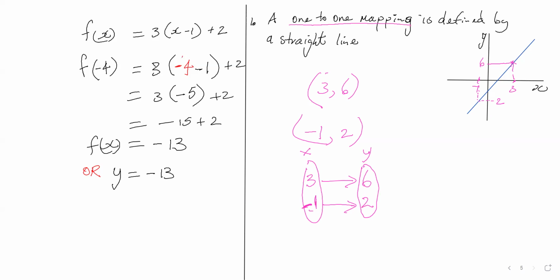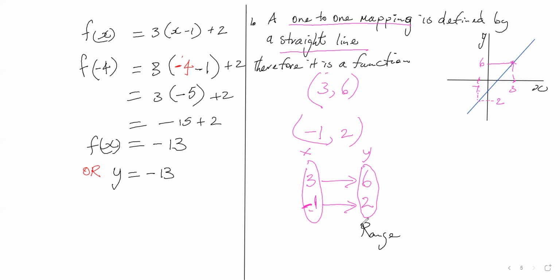It's defined by a straight line. Take that down. So this is a function. Therefore, it is a function, because we are only mapping one and only one element in the range.